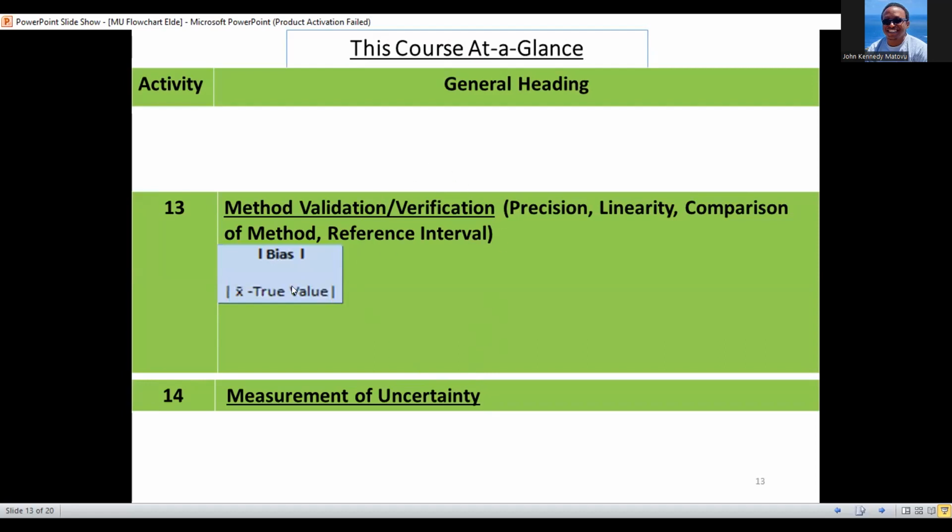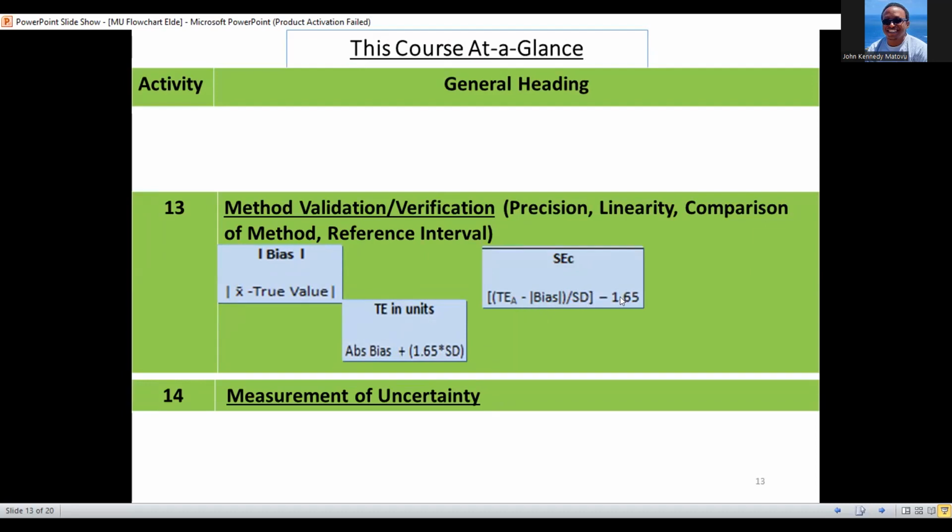Now, during the verification, we can establish the bias, and the formula is here. Mbali, I'm already concluding. From that, you can calculate your total error. Here's the formula: bias plus your ST from the precision. From that, you can calculate the sigma metric, which is TEa minus the bias, divided by the standard deviation.